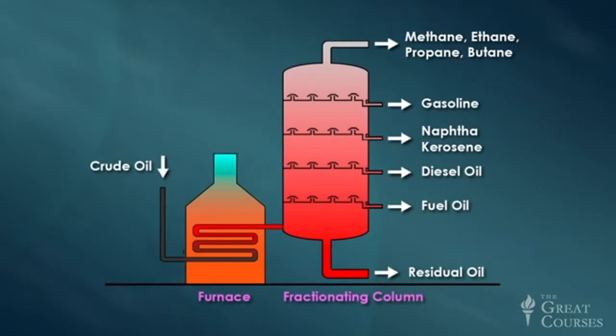In this process, the oil is heated to 700 degrees Fahrenheit and then fed into the bottom of a tower called a fractionating column. As a result of the molecular sorting process that occurs within the tower, the lightest hydrocarbons, methane, ethane, propane, and butane, are drawn off at the top. At the next lower level is gasoline.